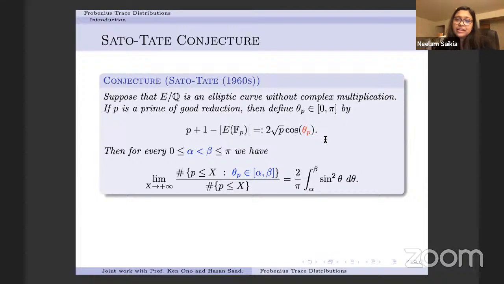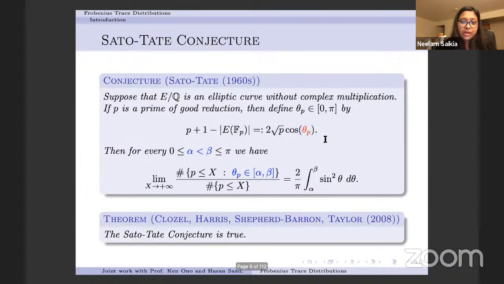This conjecture was open for around 50 years, and then it was proved by Taylor and his collaborators.